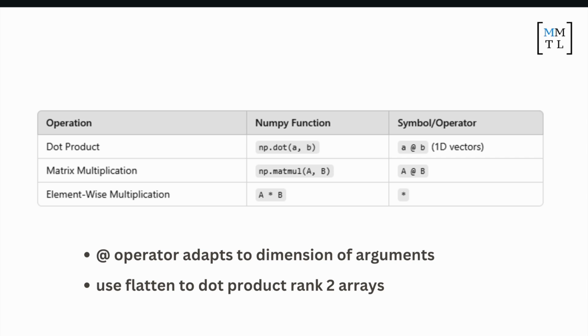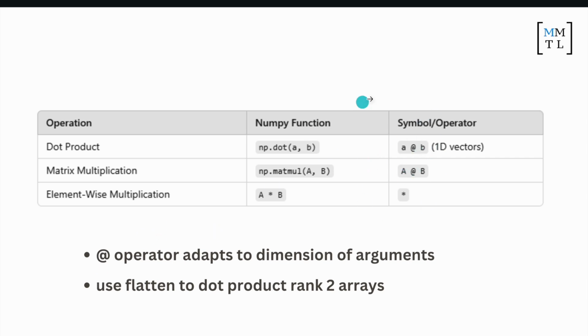And matrix multiplication is what James has been going through, where it's a bit more complicated, where you have to rotate your second matrix, and then once you multiply them, that becomes the first term of your new matrix. Element-wise is where the first element multiplies with the first element of the second matrix, etc.